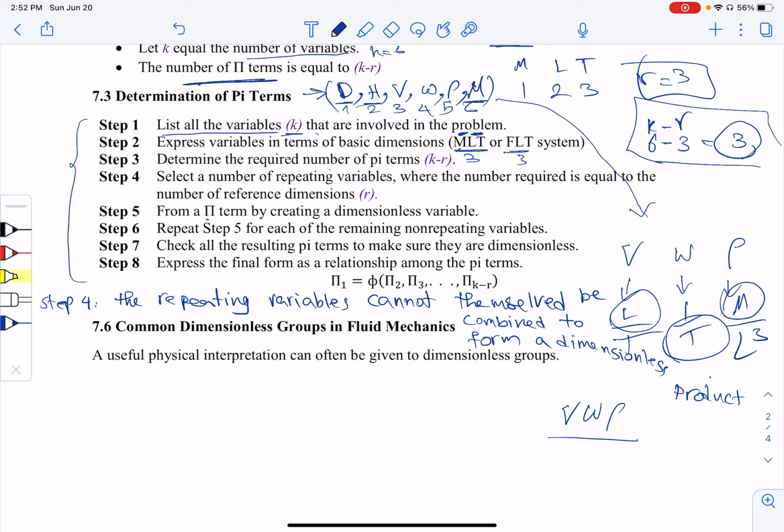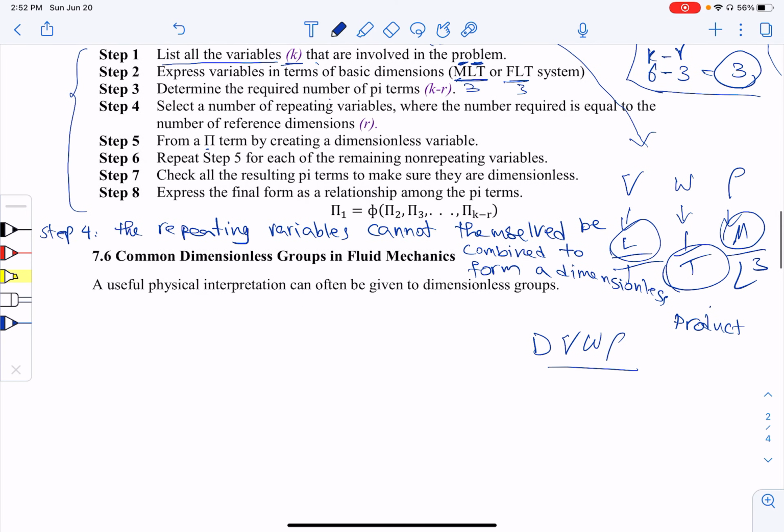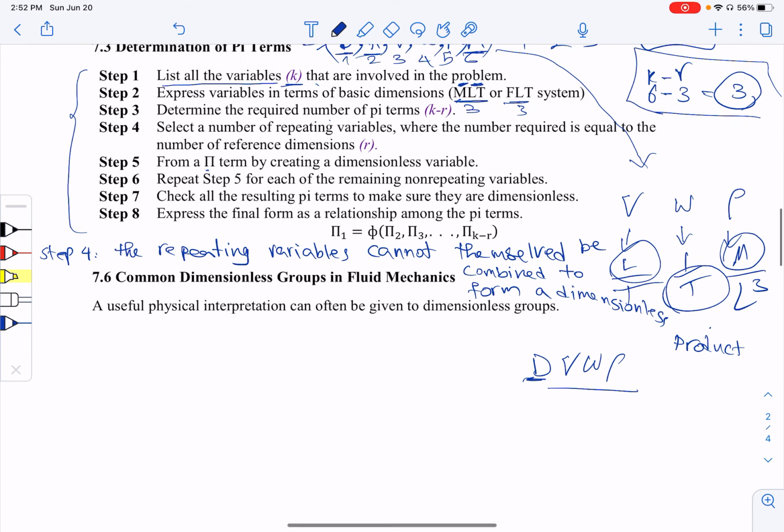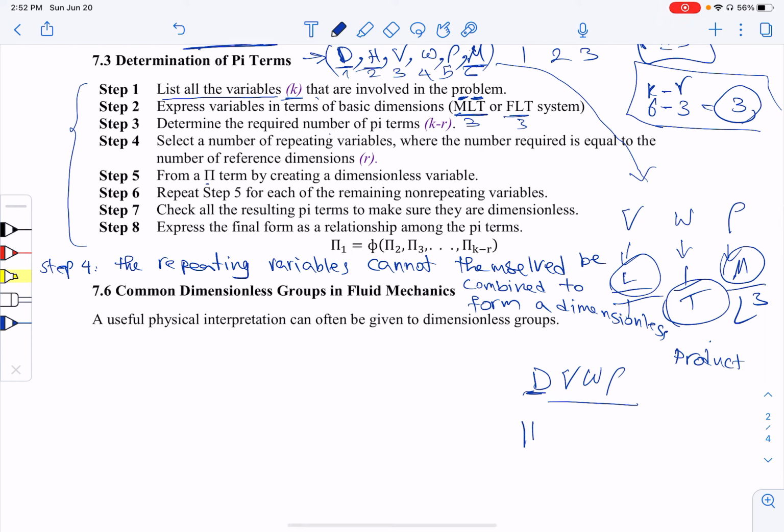Mu. These are the 3 that are left, right? So first I need to do all of the steps for this non-repeating variable, then next time for H, and then next time for viscosity. I'm going to show you all of this in the exercises as well.